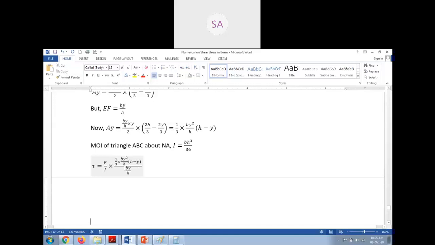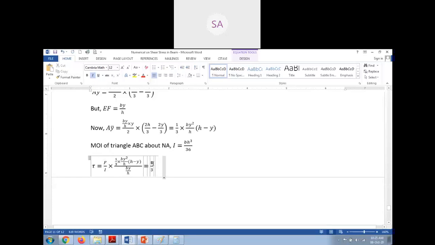Now we have to try to simplify this. This H and this H get cancelled. This will go to the numerator, this comes to the denominator. So they both get cancelled. So it will be 1 by 3, right? This will remain as it is.